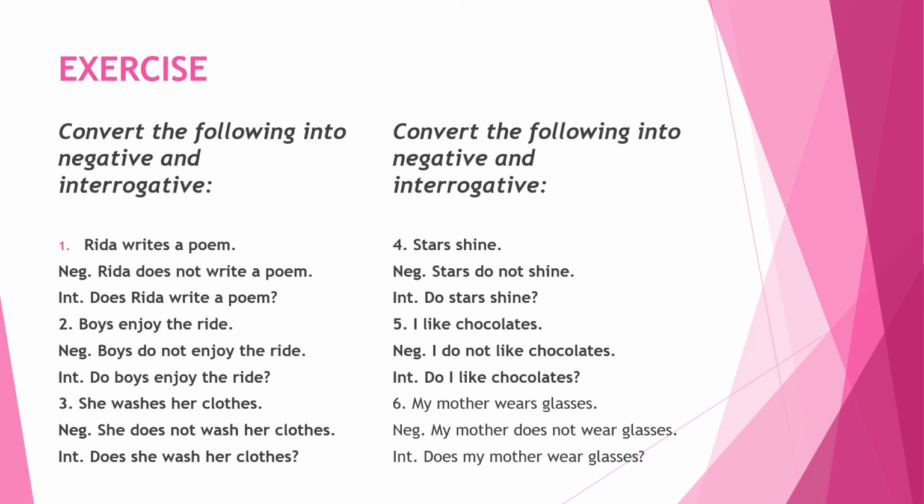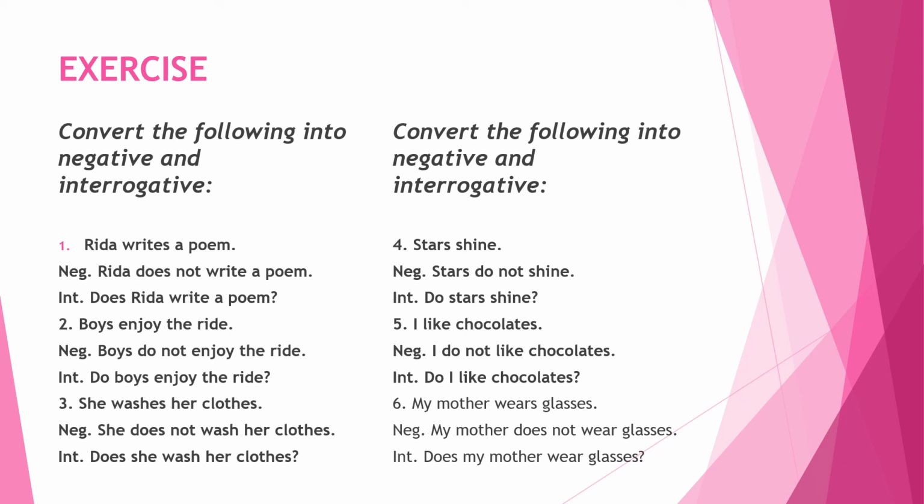Number 3, she washes her clothes. So now she is the singular subject, and you can see I have added s with that. So its negative would be, she does not wash her clothes. See, I have added does not and I have omitted es from there.